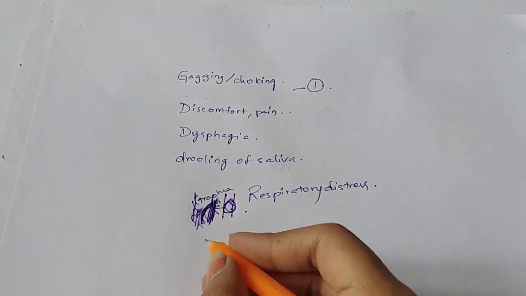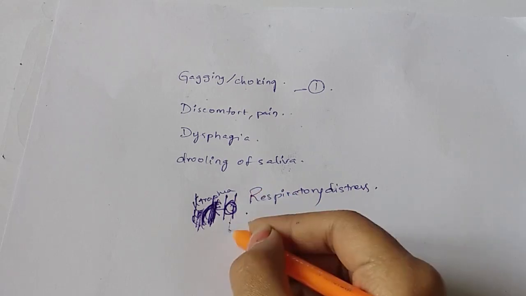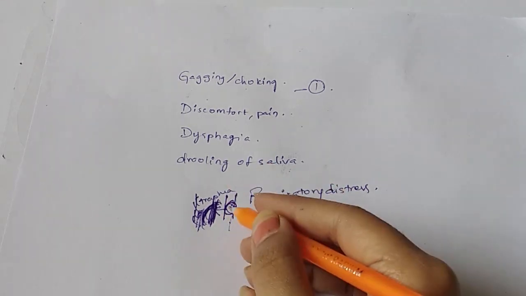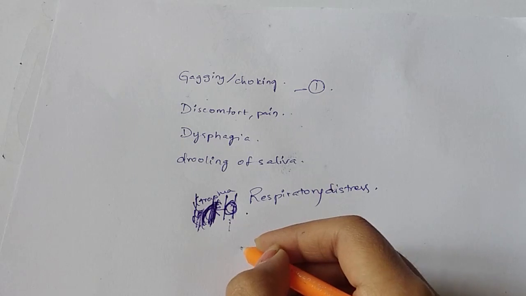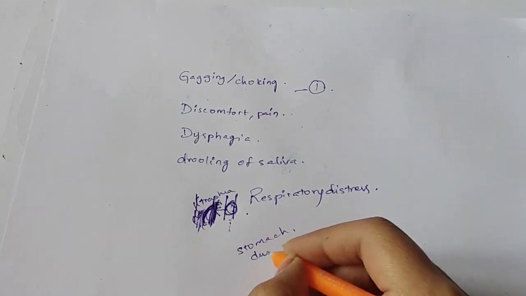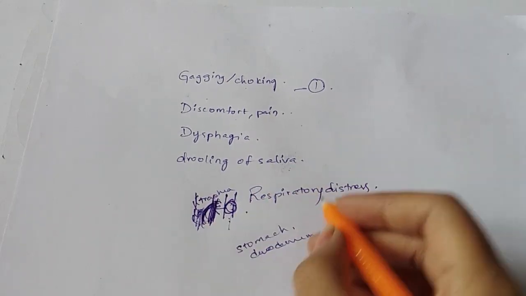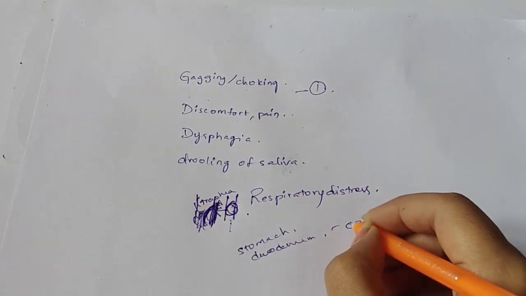And another thing, if the foreign body does not lodge anywhere in the esophagus, but enters the stomach or somewhere in the duodenum, it gets stuck there. So there will be pain in the epigastrium.